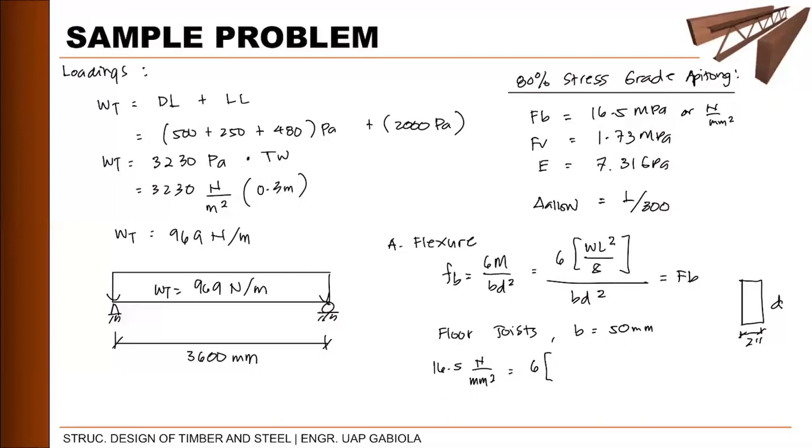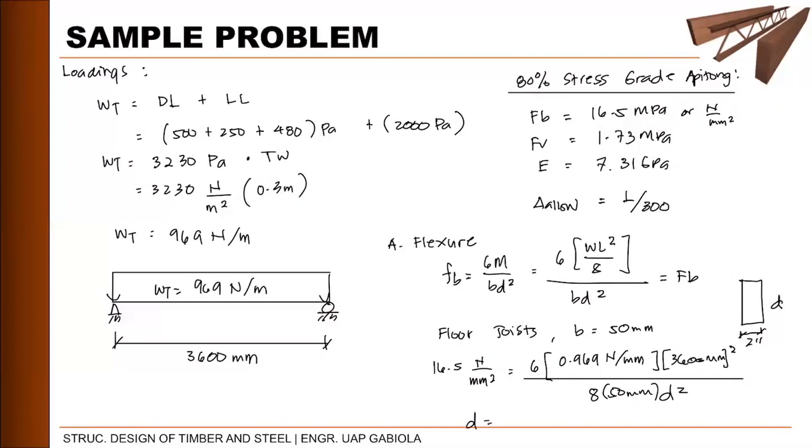So, we have 0.969 Newton per mm. Then yung W, L squared natin is 3,600 mm squared. I-square natin to. And then we have 8 times 50 mm times d squared. Okay?